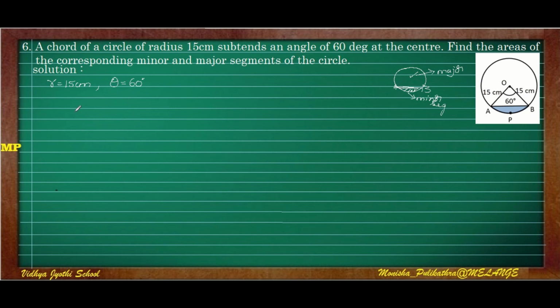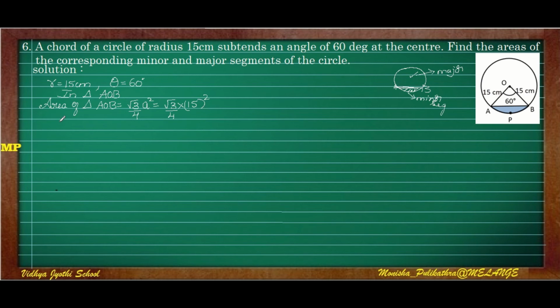First, we know that the area of a sector is also there. If we have to find this segment, then we have to subtract the triangle from the entire sector. So in triangle AOB, we know that theta is 60 degrees. 60 degrees means equilateral triangle. So the area of triangle AOB is equal to root 3 by 4 a square.